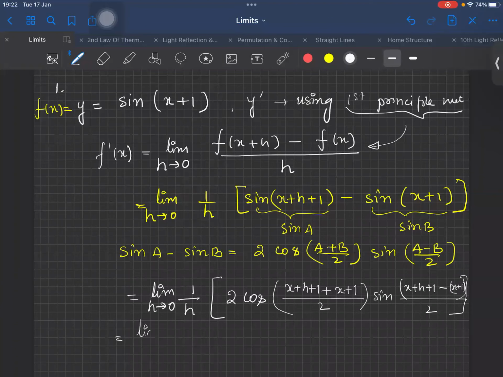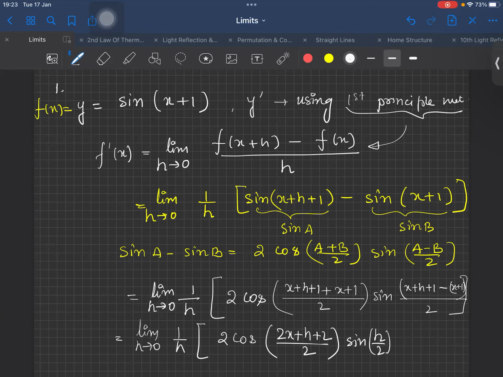This will become limit h tends to 0, 1 upon h, 2 times cos of 2x plus h plus 2 divided by 2, times sine of x plus h plus 1 minus x minus 1, so this will be h by 2. If you open the bracket you get minus x minus 1, so x and 1 cancel and you have h by 2. All right? Yes or no?